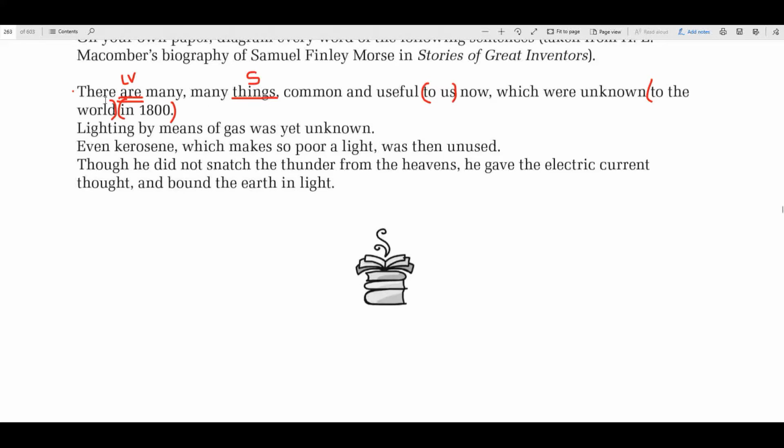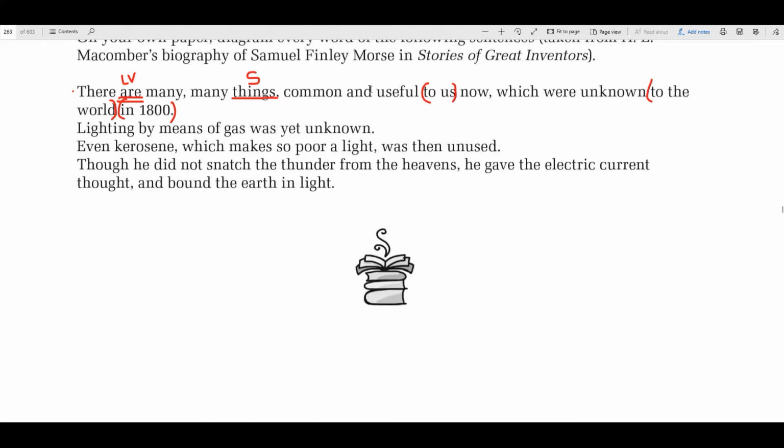There is a word that goes with your verb, because I'm not sure what to tell you this is, but this is a word that goes with you. So when you diagram it, there will be under are. It's pointing out. So that's the only thing I know to tell you. Okay, and then many and many are both adjectives that modify things.